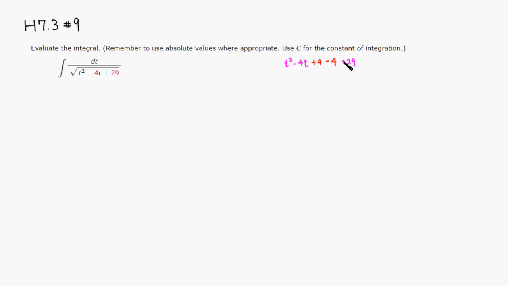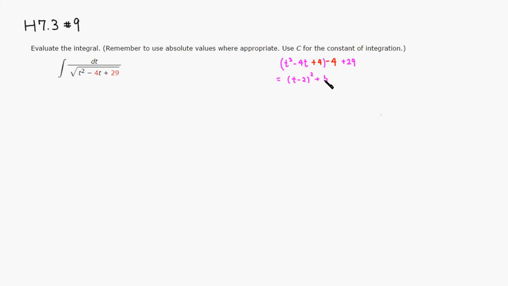I'm going to group the first 3 terms together and group the constant terms together. These 3 terms will make (t minus 2) squared. Then negative 4 plus 29 is 25, and 25 is 5 squared.